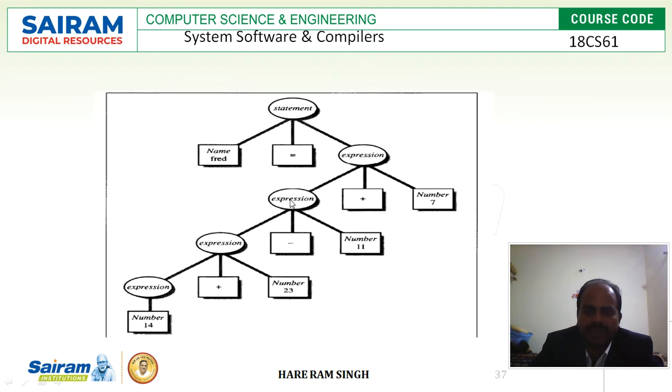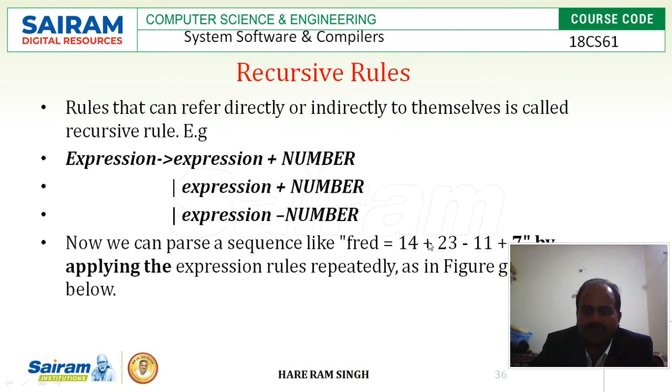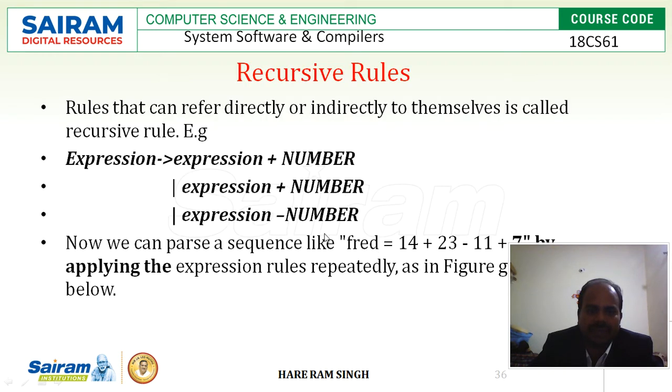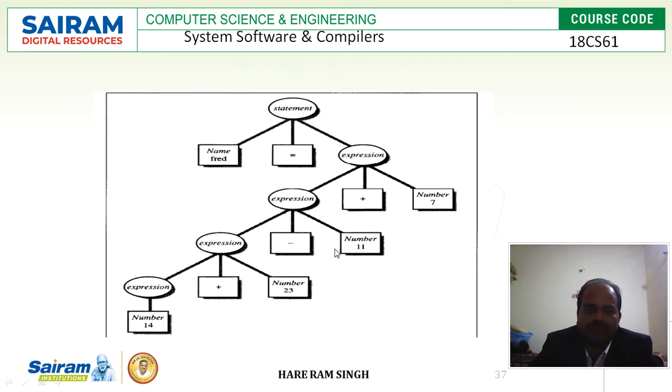So here the number is 7 and the plus is plus, and the expression can be this one entire thing, 14 plus 23 minus 11. Now this expression can also be split up into expression minus number, because this is in the grammar: expression minus number. So how can 14 plus 23 minus 11 be split up? Suppose 14 plus 23 is one expression, and minus 11 is minus number.